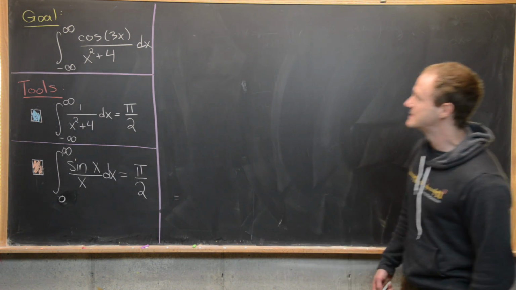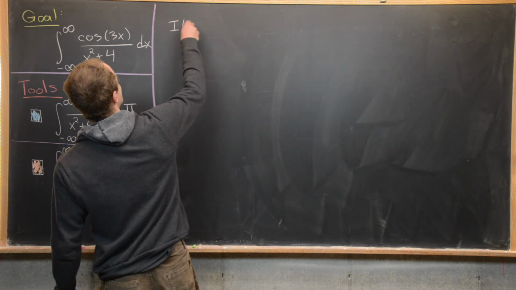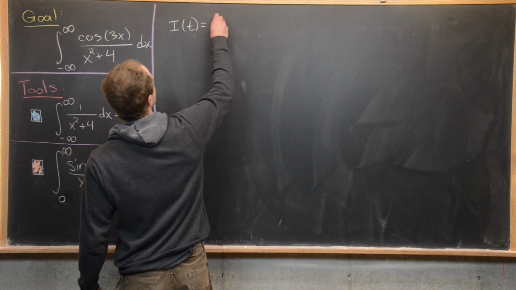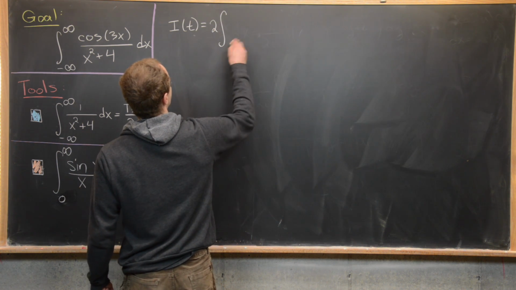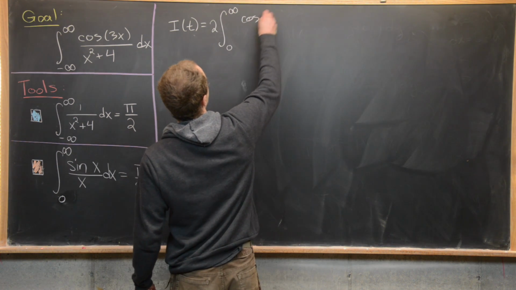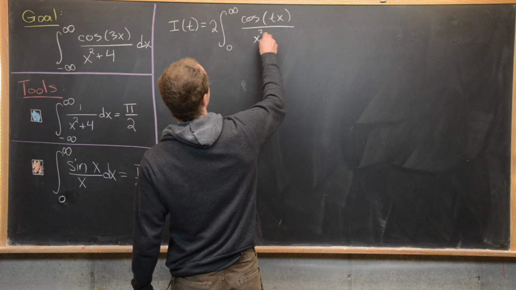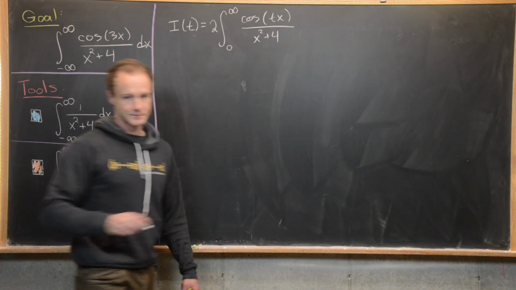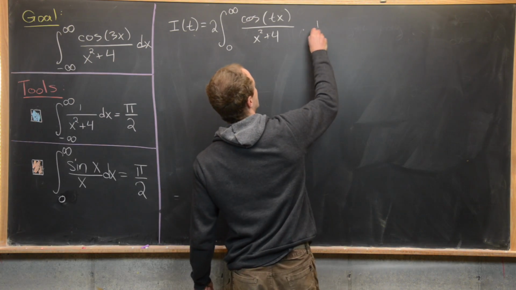Okay, so let's go ahead and introduce a function. Let's set I of t equal to, I'm going to write it like this, twice the integral from 0 to infinity of cosine of tx over x squared plus 4. And I want to point out that we know what I of 0 is.